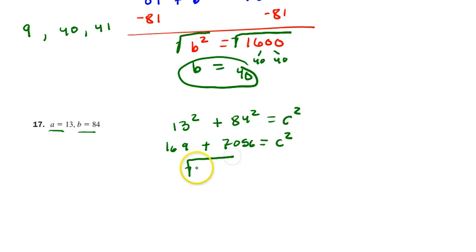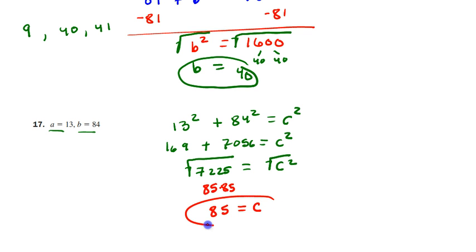This will give me 7,225 equals C squared. Now I can use my calculator and I discover that this is a perfect square. It's 85 times 85, or 85 squared. So the square root of this is 85, and that's what side length C equals.